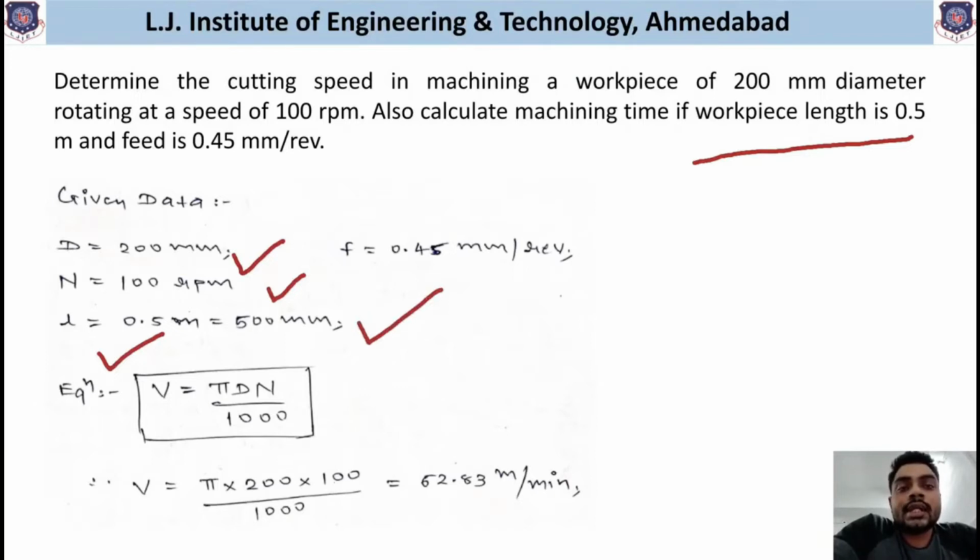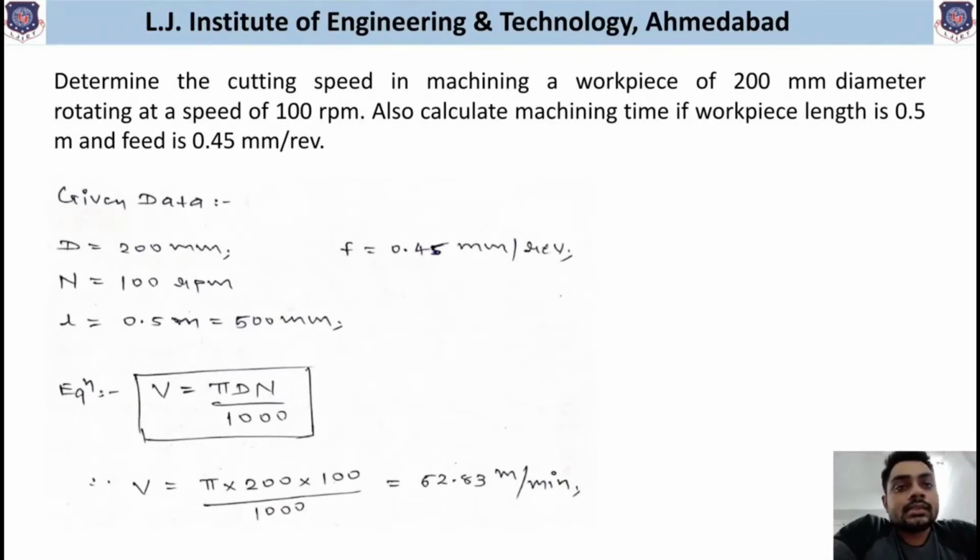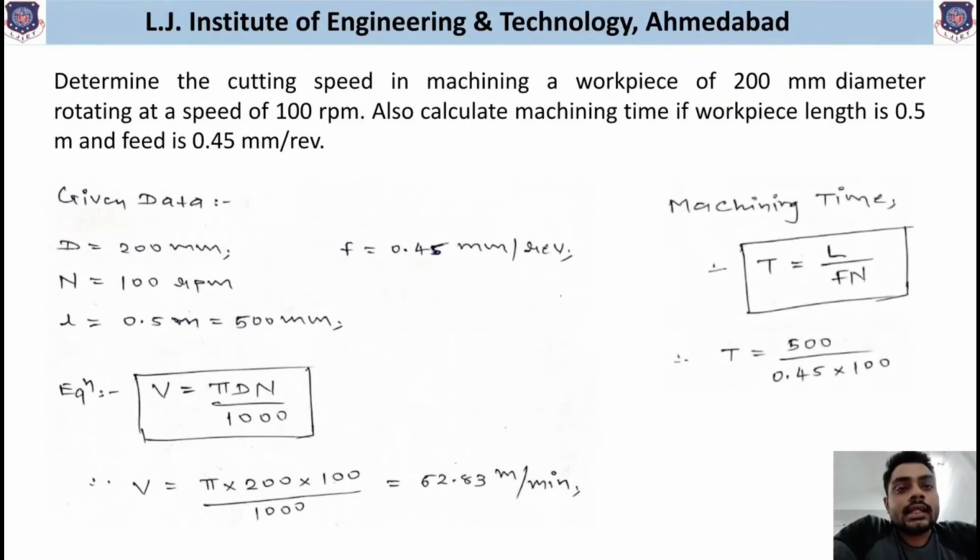So we have converted meter into mm. And the last value that they have given is the feed, and feed is 0.45 mm per revolution. So these all are the details that are given. Now they have asked us to find cutting speed.